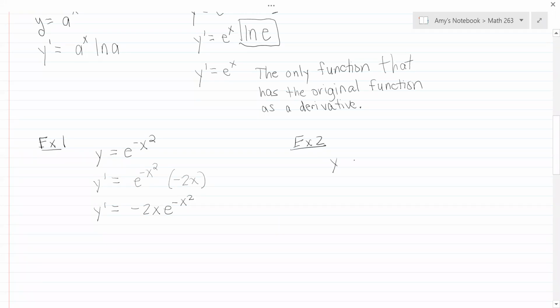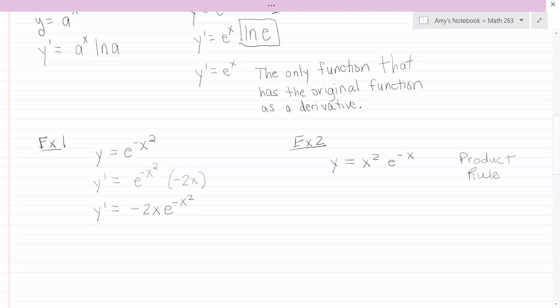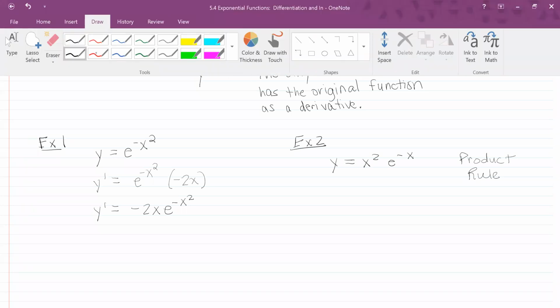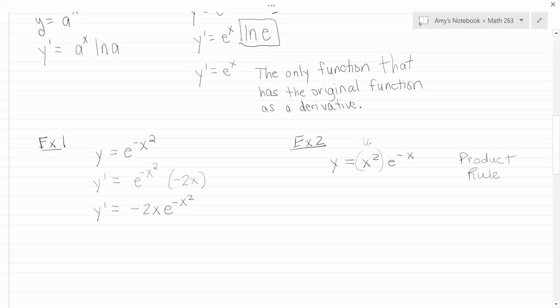Second example, x squared times e to the negative x. Here you have a function times a function, so it's going to be product rule. You may want to break this down and label this as your u and your v.